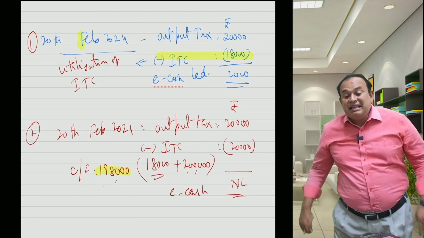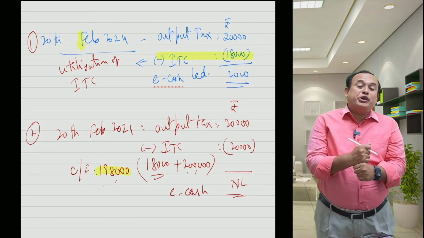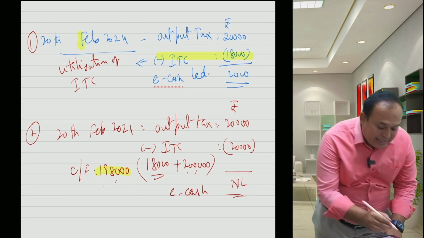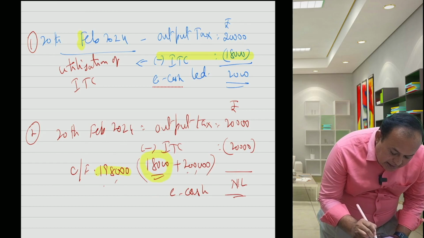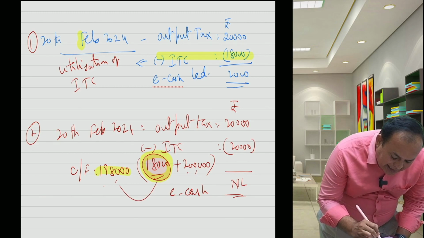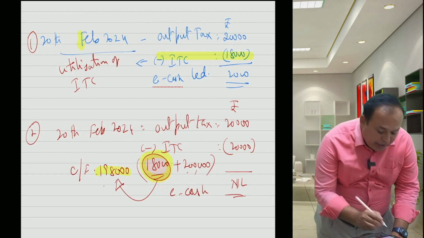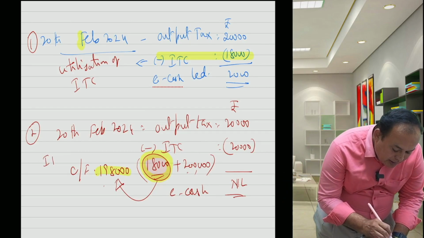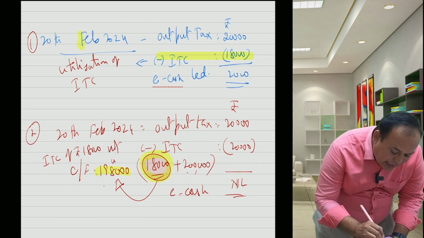So in the given case, what is my utilization of the input tax credit? The 18,000 is there in my 1,98,000 carry forward credit, the excess credit. Therefore, here ITC of rupees 18,000 is not utilized.